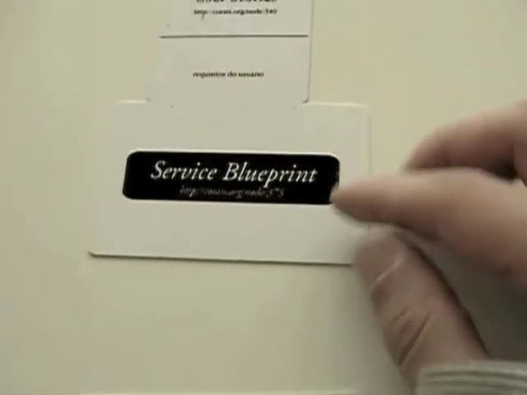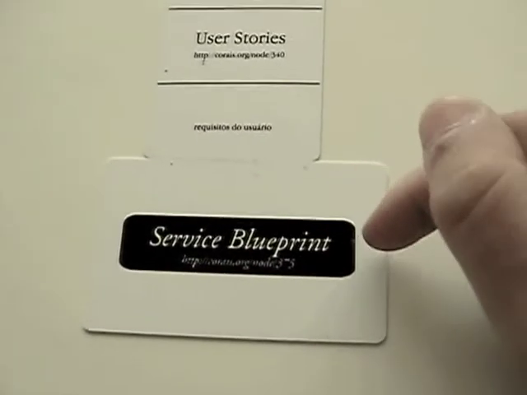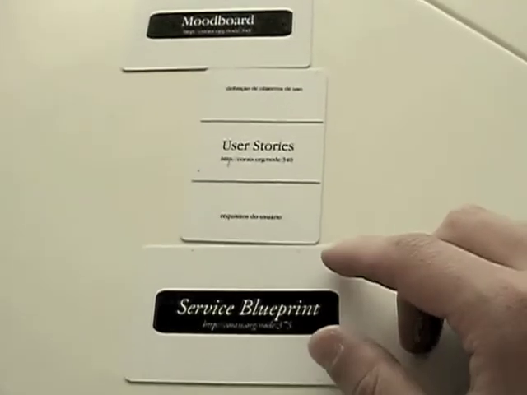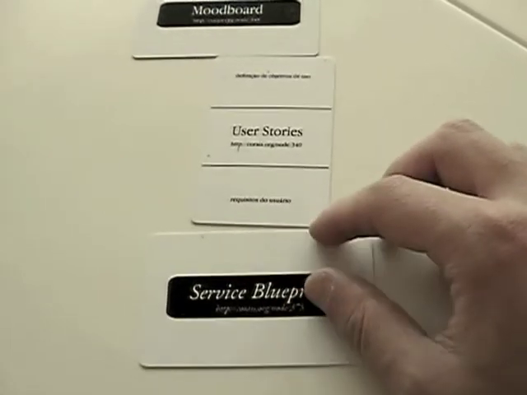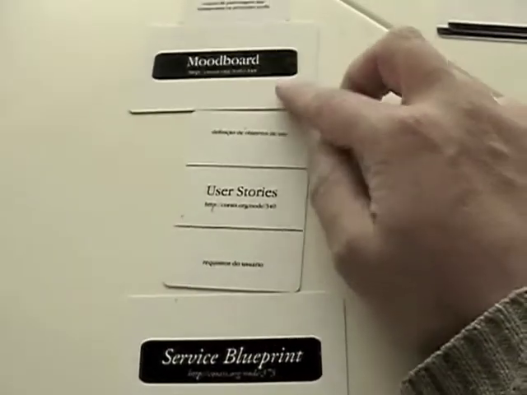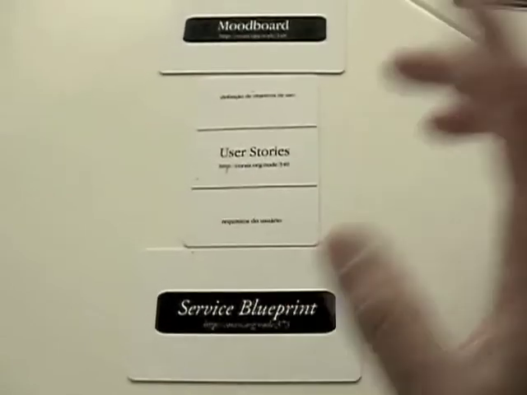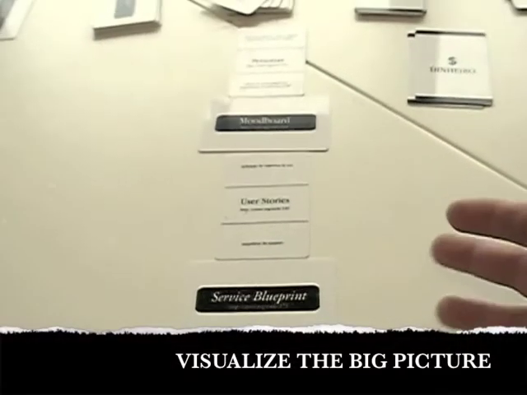You can develop a service blueprint after you have the user stories, and here you can see that the deliverable cards are used in a horizontal fashion and the method cards are used in a vertical fashion. This is just for helping you see the big picture.